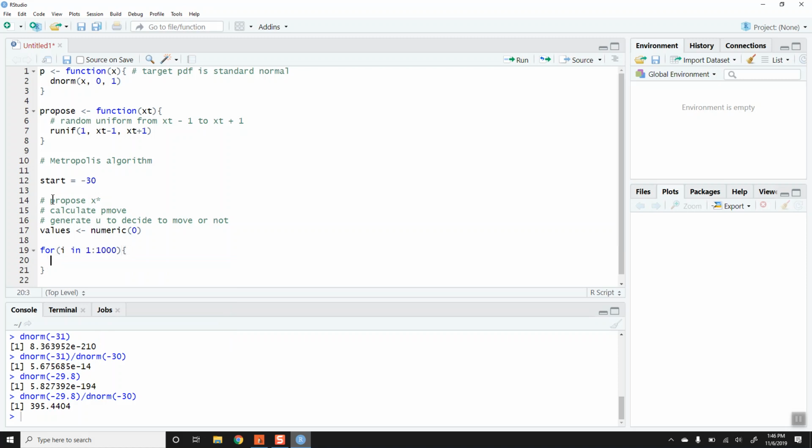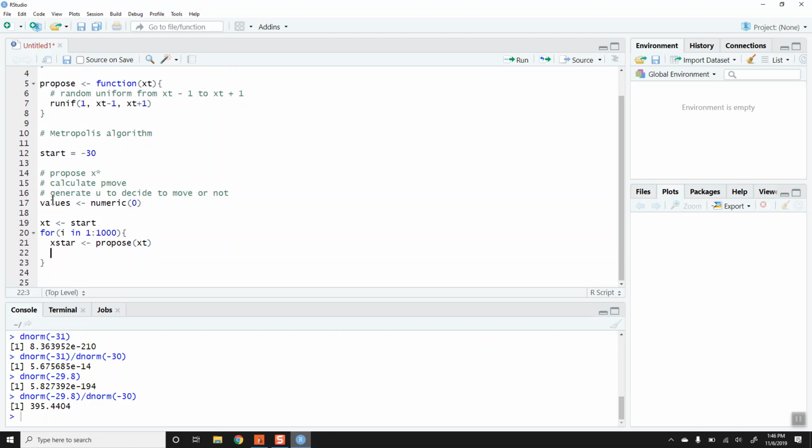We're going to start by saying x at time t will be our start value. Okay, so we're going to propose from xt, and we'll call this x star. So we call the propose function, and it will give us an x star.